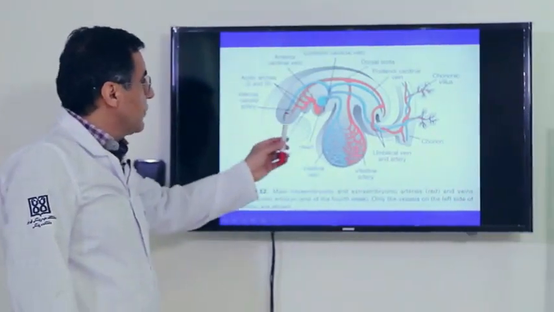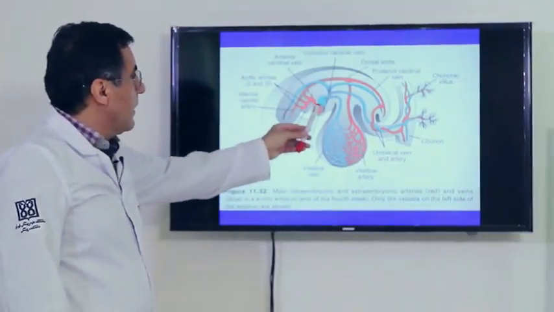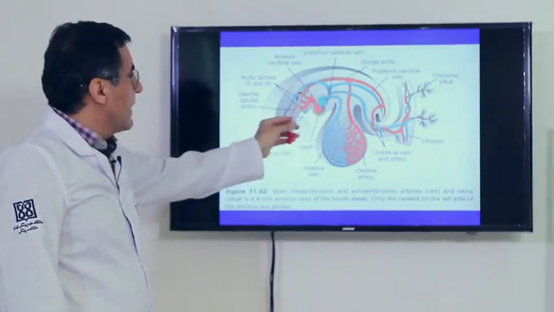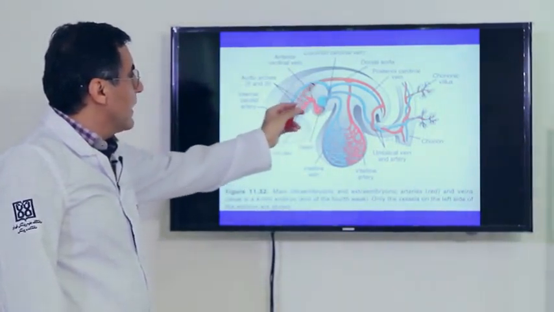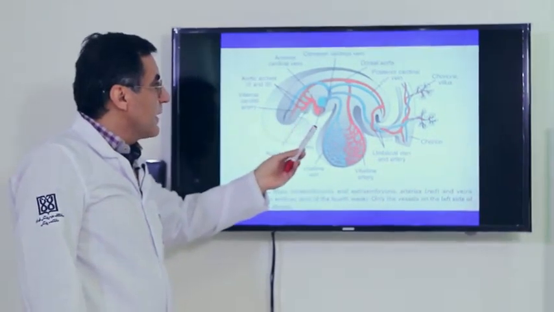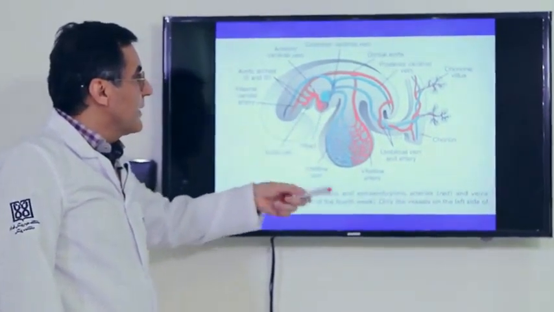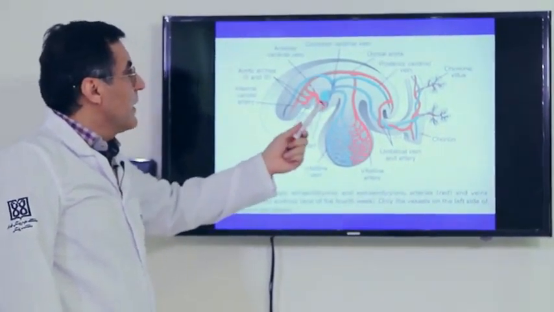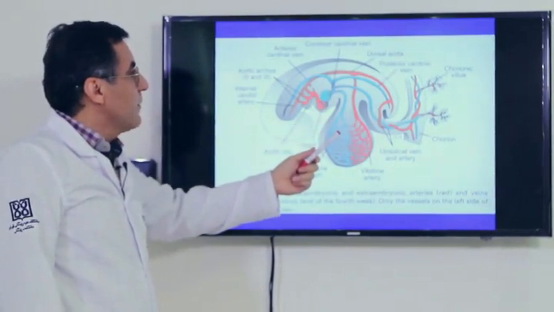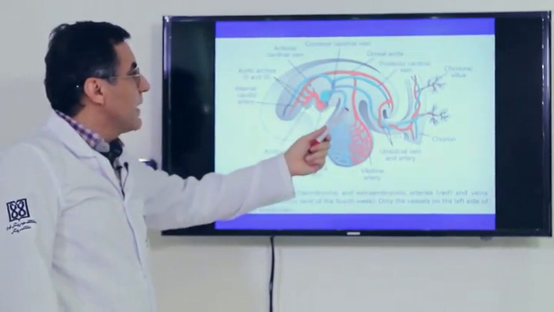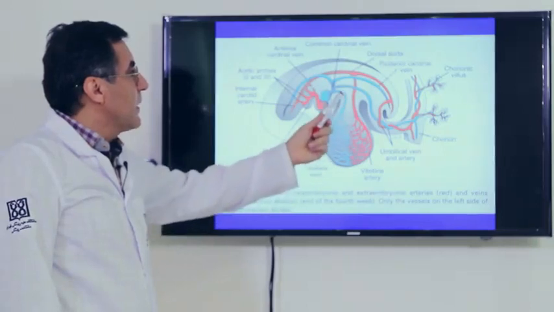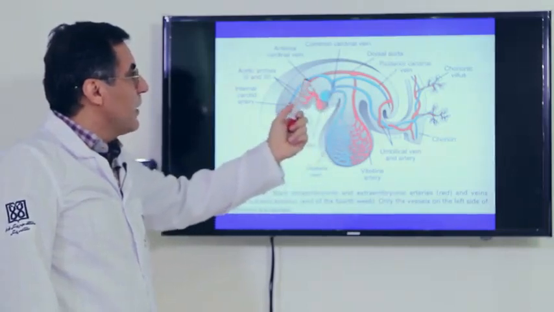The picture shows the development of the heart tubes and, at the same time, the development of the artery and vein. As you remember from the last session, at the same time that the heart is formed, we have development of the artery and vein. The vein is below the heart tubes and the artery is above the heart tubes.